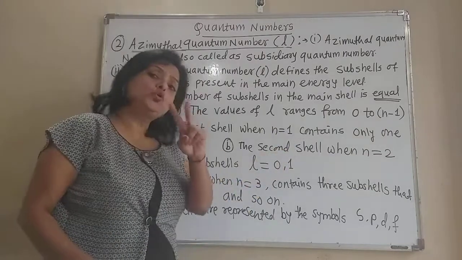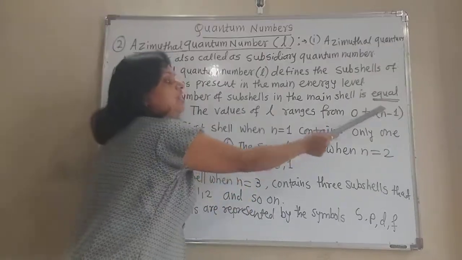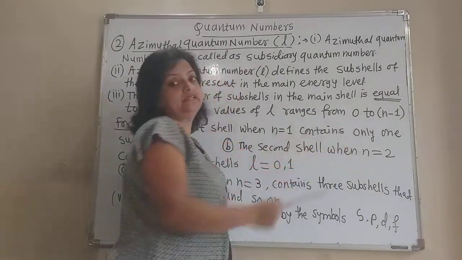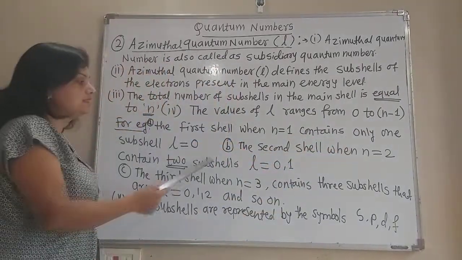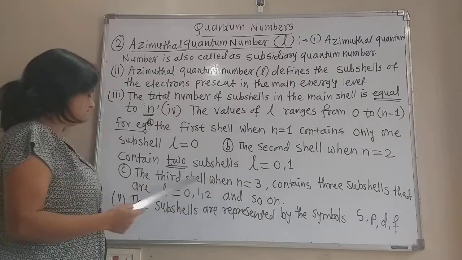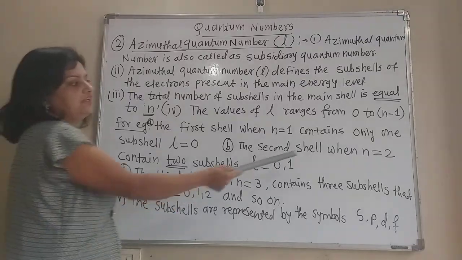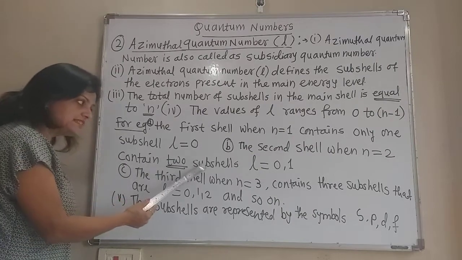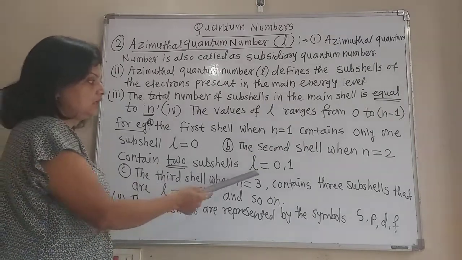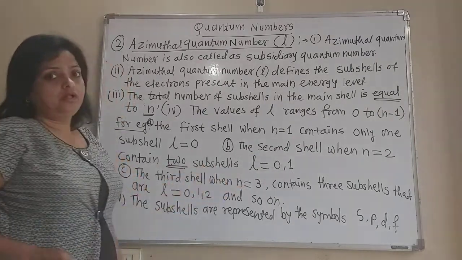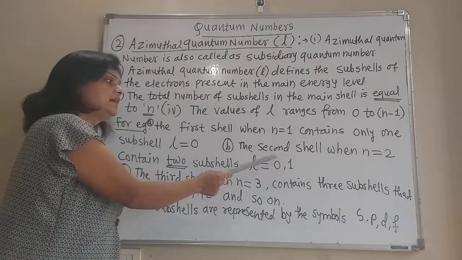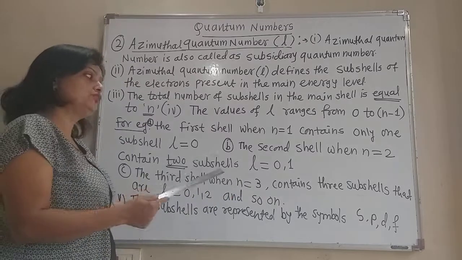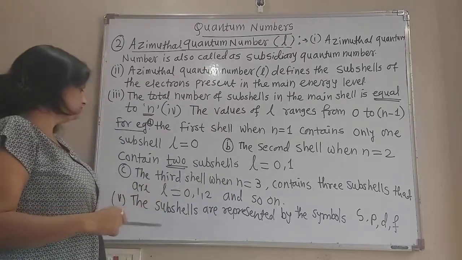So there are two values, 0 and 1. In this way, in the second main energy level, there are two subshells, l is equal to 0 and l is equal to 1.